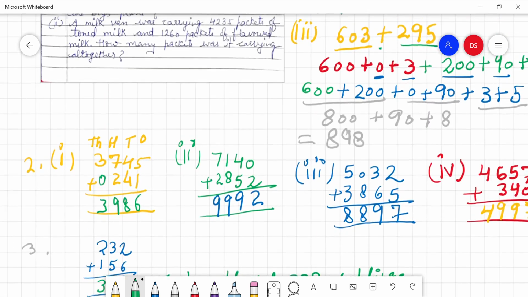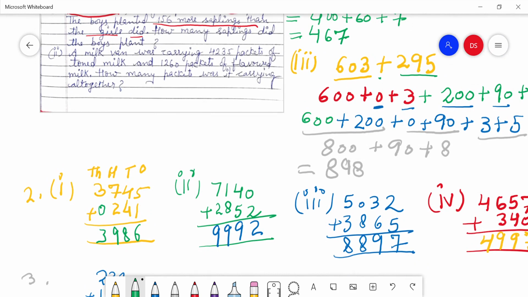Next question. A milkman was carrying 4,235 packets of toned milk and 1,260 packets of flavored milk. How many packets was it carrying altogether? So you can see a milkman was carrying 4,235 packets of toned milk and 1,260 packets of flavored milk.